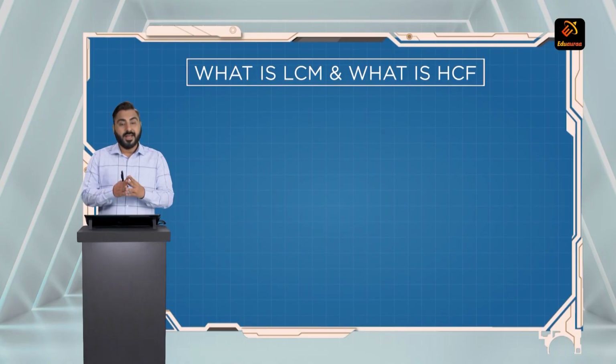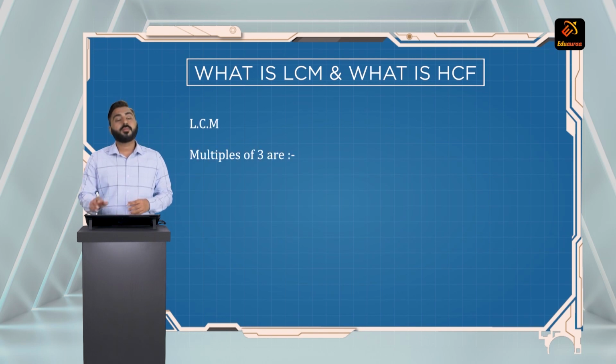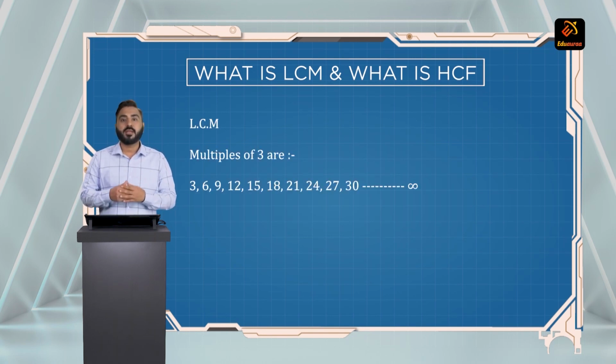So students, let's say what are the multiples of 3? Now students, multiples of 3 are 3, 6, 9, 12, 15, 18, 21, 24, 27, 30, similarly up to infinity. Now students, what are multiples of 5?